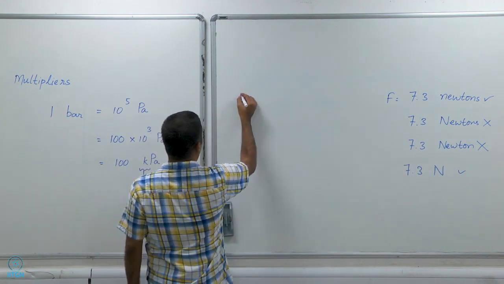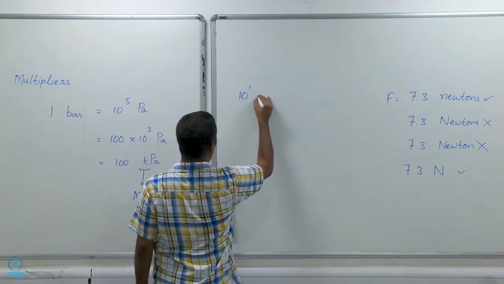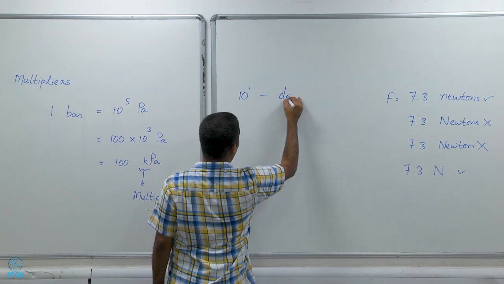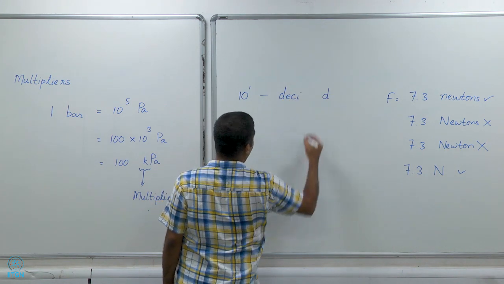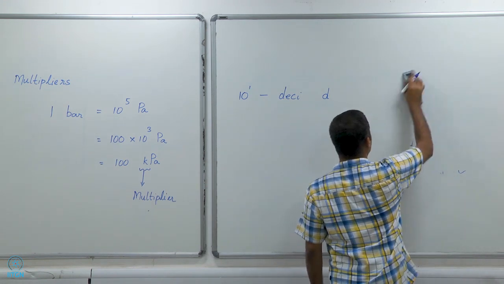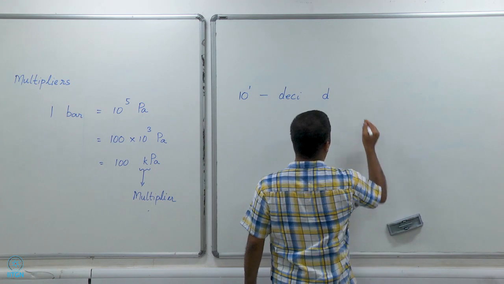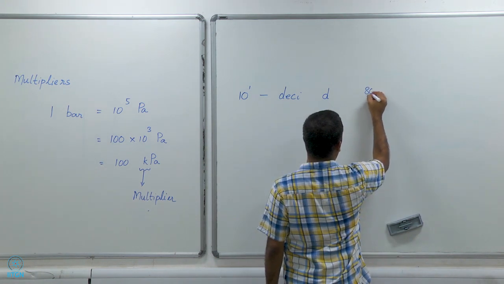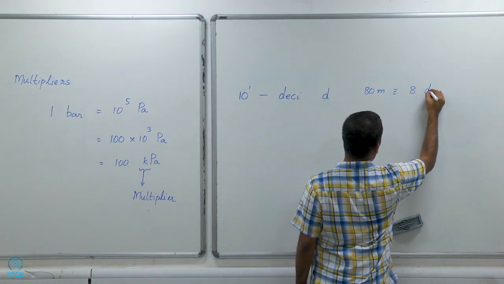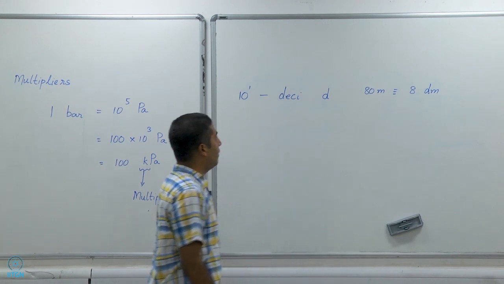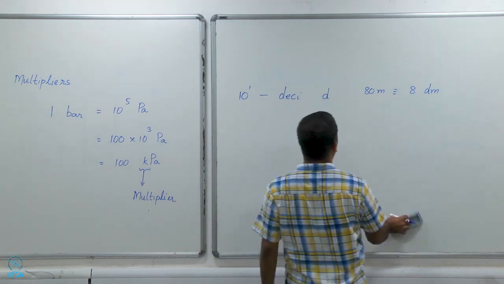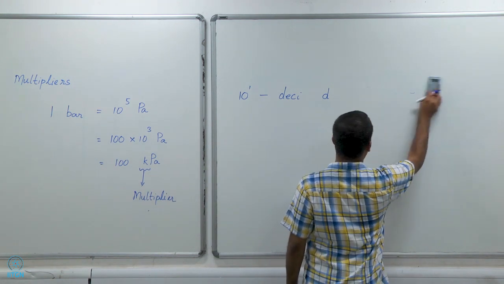So, 10 power 1, if you want to multiply it with 10, it becomes deca. So, for example, if I want to say 80 meters, I can also say 8 decameters. Is that right? No, that is not right. Deci is 0.1.